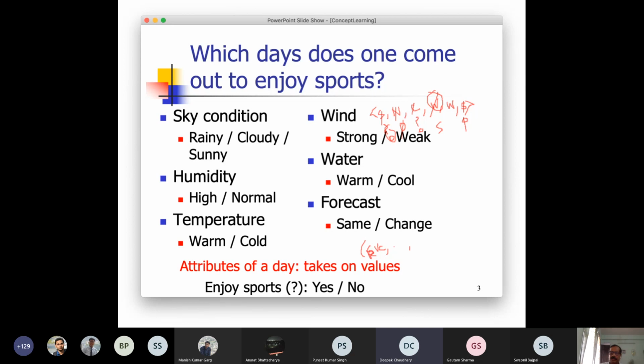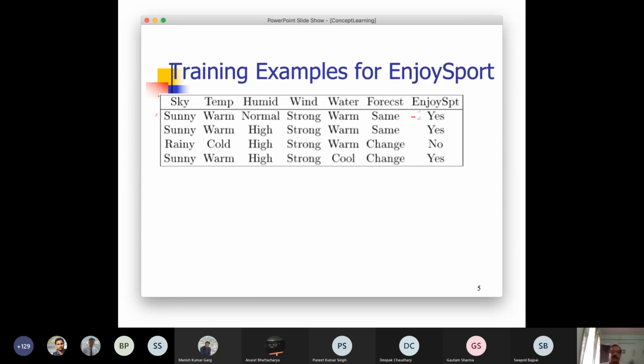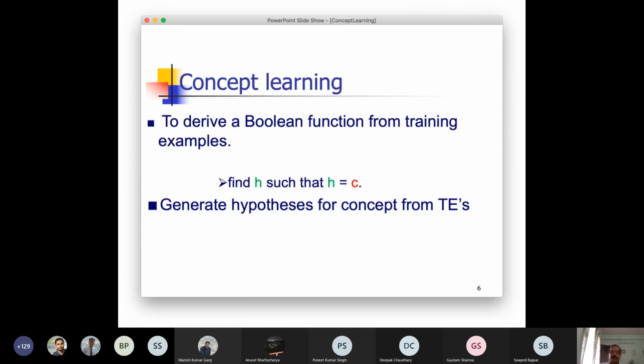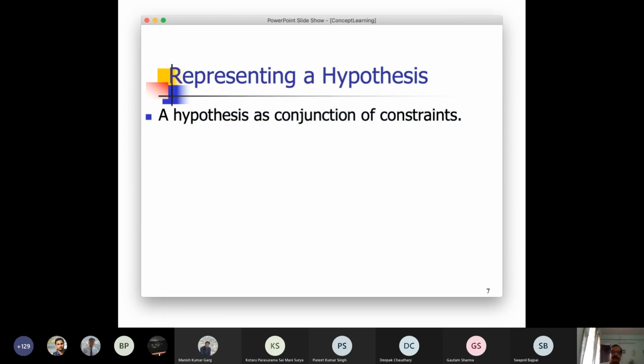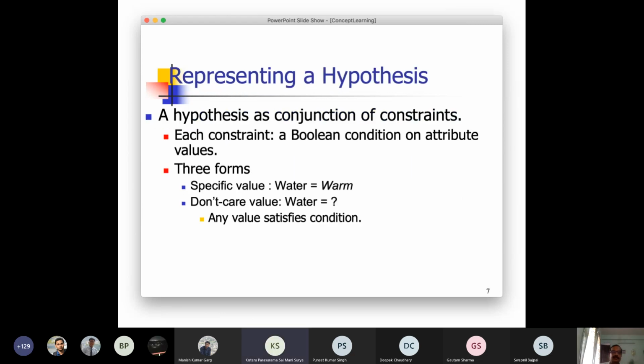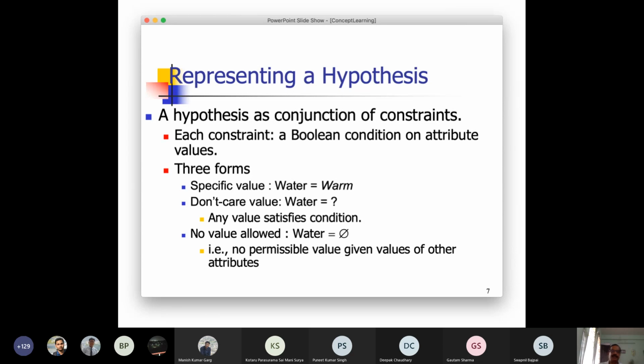Okay, so let me proceed again. These are the forms of target concepts that we are considering. As I was mentioning, these are the only forms for any literals to be expressed.